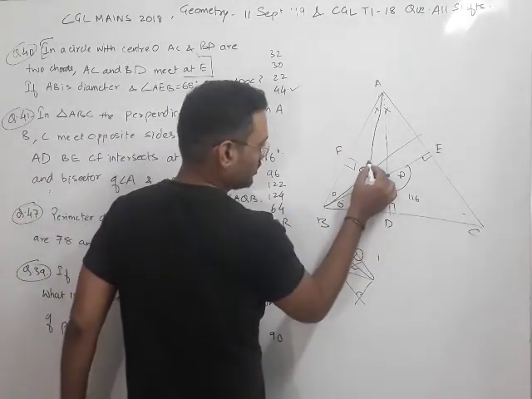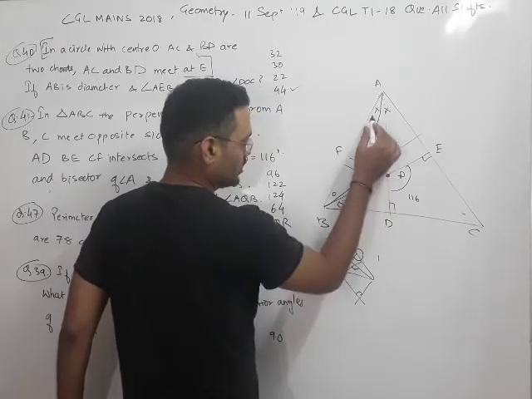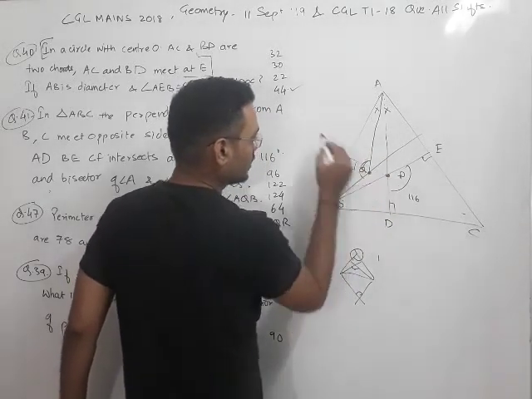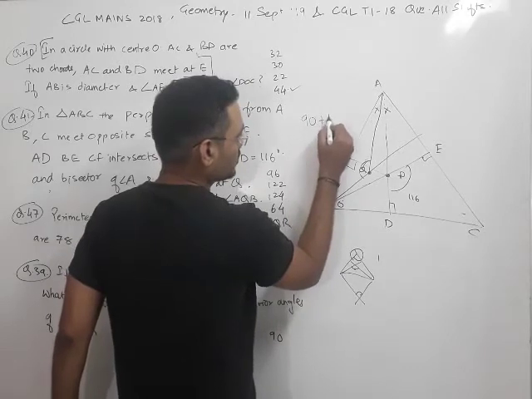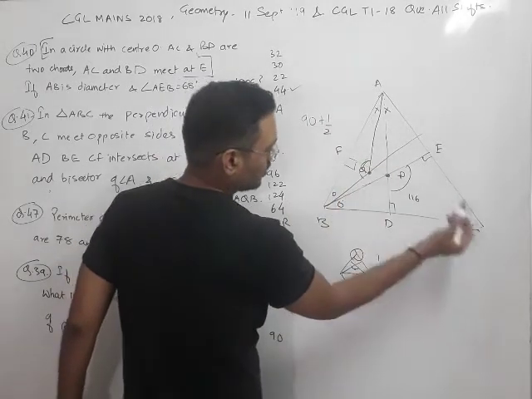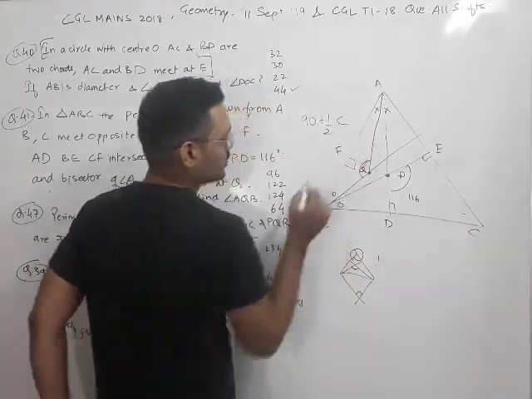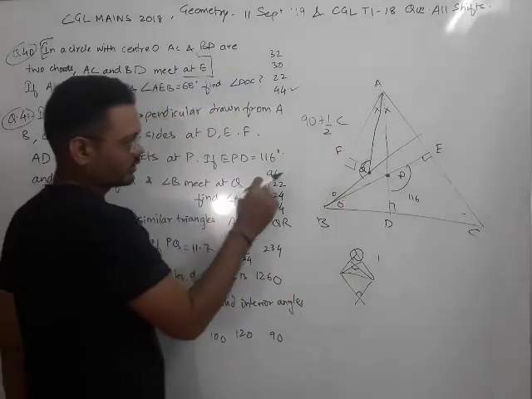So this angle they have asked, AQB, is 90 plus half of C, given in a dangerous way.